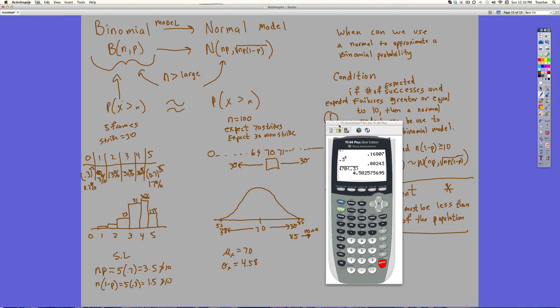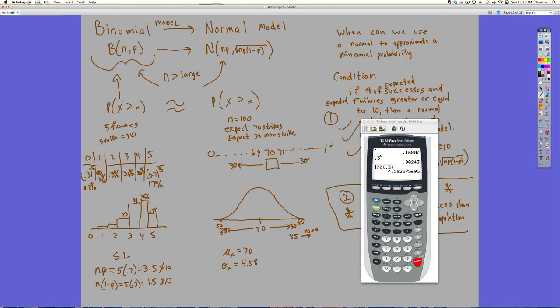So what happens on a binomial is it looks like this, right? It goes from 0 all the way to 100 with all the probabilities under it. From 85 on, everything under here would be basically 0. And if I go from 55 down, all these probabilities would basically be 0.